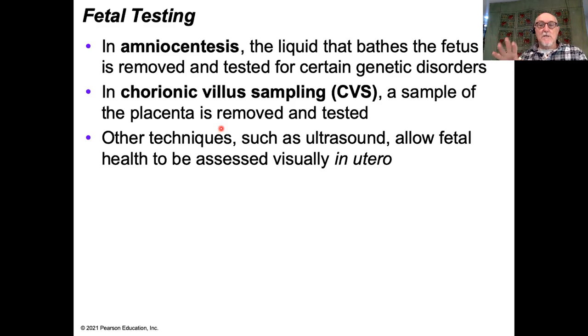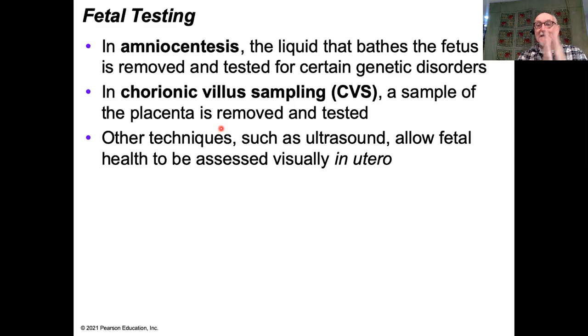There is another way to sample, and that is to do chorionic villus sampling. Now, in chorionic villus sampling, part of another membrane, the chorion, is sampled, but it is sampled from the placenta. You may not know, the placenta is this body of tissue anchored against the uterus wall, which communicates with the mother's tissue.